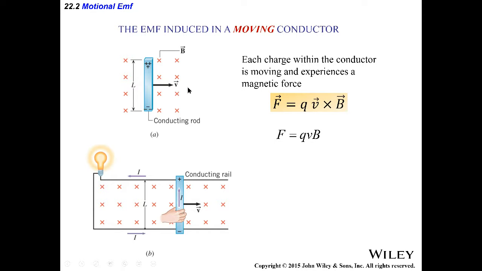You see it now? V cross B. Because Q is positive. Think of it as a current due to positive charges. I have V and I have B into the board. So I have V cross B, and V cross B would then cause my charges now to be moving in this direction. So I will have a current now. All right? You see now? It's due to the fact that now there is a force on the individual charges inside my rod.